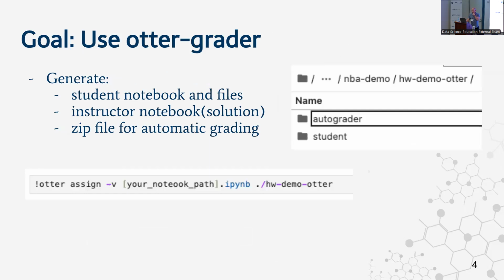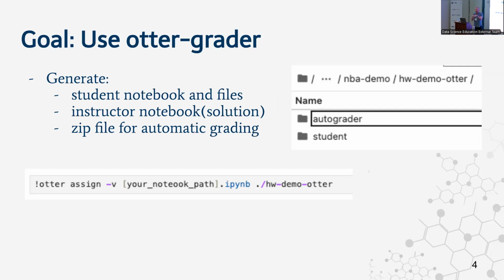Okay, so the goal here when you use Otter-Grader, just take a step back for a second. The goal is that you create a set of files that the students can render and use that have the little ellipsis, is that what we call it? The little dots that show them where they're going to answer code. Otter-Grader will make that happen for us.